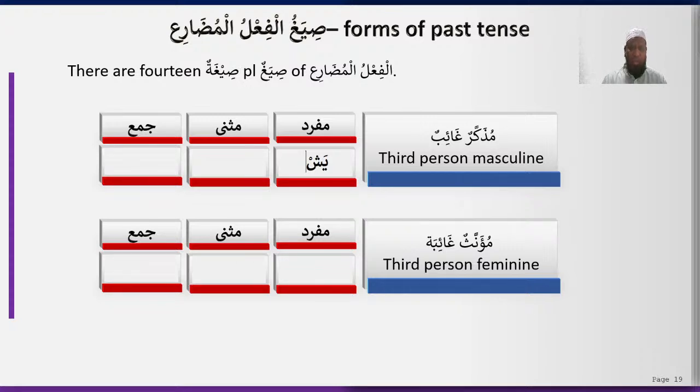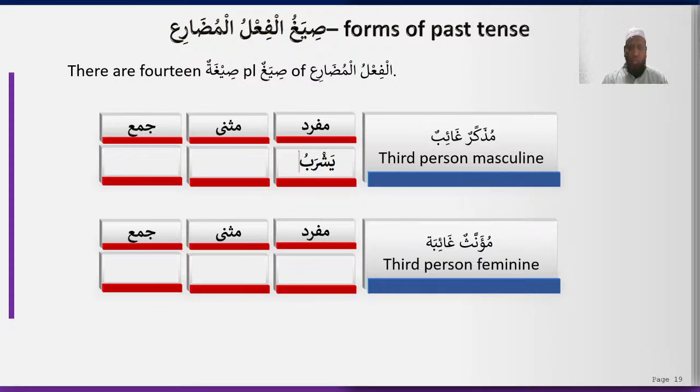Do you have a fatha? A dhamma? A kasra? Well, there is no rule. I've learned it. Shariba yashrabu. So the ainul kalima has a fatha. يشرب. And the last letter, as we know, is مرفوع وعلامة رفعه الضمة الظاهرة.